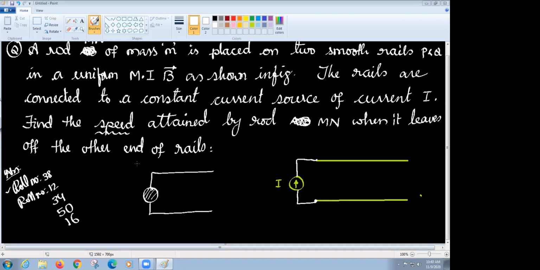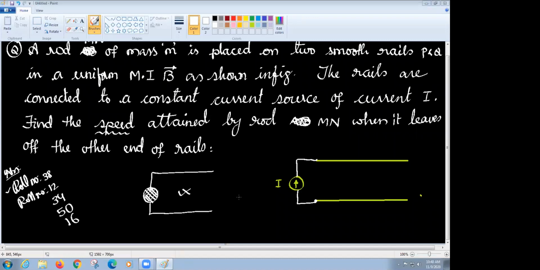Could you tell me whether there is current or not in this loop? I have some source here, and I have conducting wires like this. So will there be current now? No, sir, because it is an open circuit.